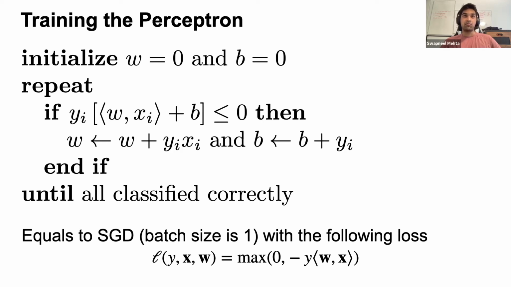If the product of both is less than or equal to 0, then you're doing something wrong. Then you need to update your weights. So w goes to w plus yi times xi, and b goes to b plus yi. How do we know that this is the condition for it to be wrongly classified? Could someone explain this to me?